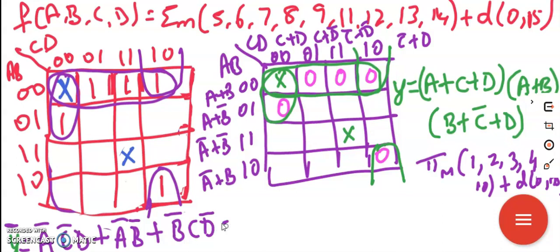So I want to make it Y, then I'll write Y double bar equal to A bar C bar D plus A bar B bar plus B bar C D bar, the whole bar. So this double bar gets cancelled and this will be like A plus B plus C, the whole bar. Apply De Morgan's law and simplify it.